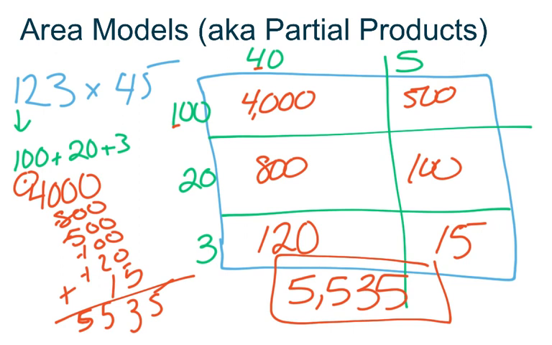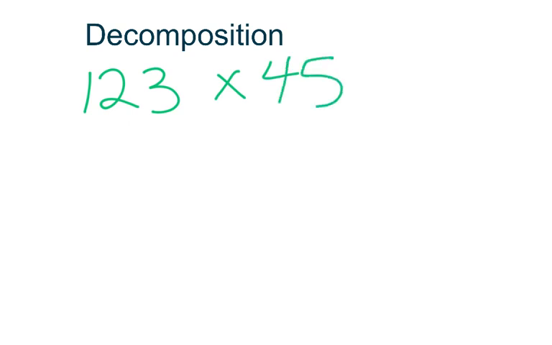Let me show you one more. Decomposition. Decomposing something means you are breaking it down. So we have 123 times 45, sticking with our same problem. And I'm going to break it down into some friendlier numbers. I'm going to say that 45 is the same as 40 plus 5.